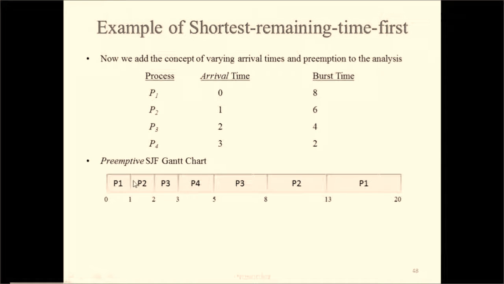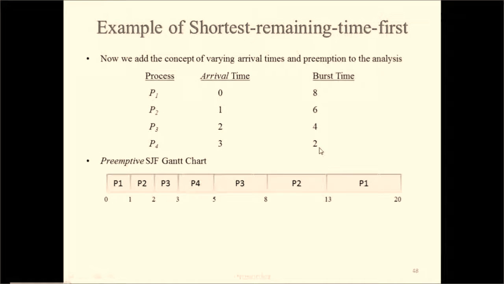After 1 unit of time, what is the scenario? P1 has used CPU time of 1, so its next CPU burst will be 8 minus 1 equal to 7. P2 has now come into the system. Its burst time is 6.